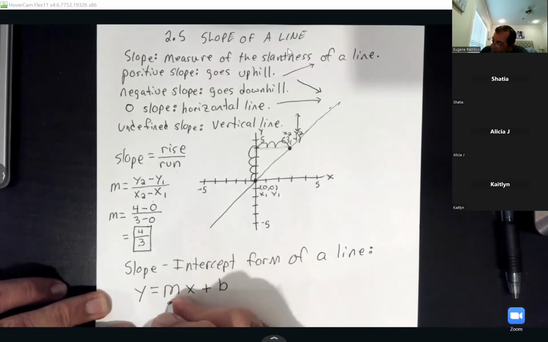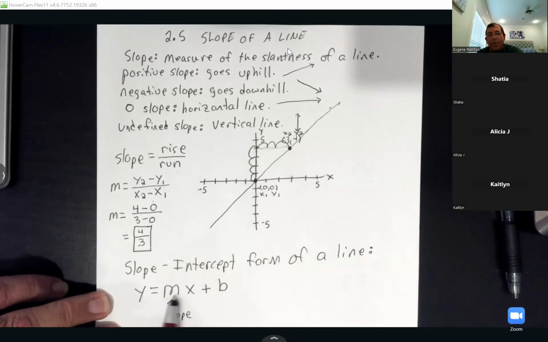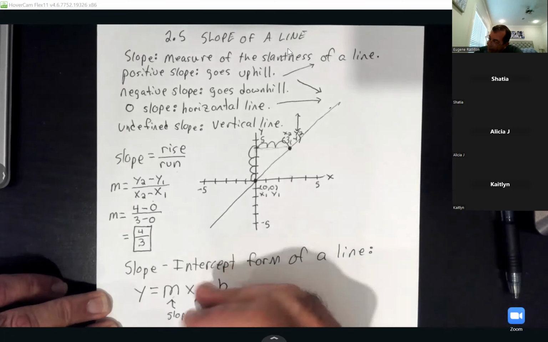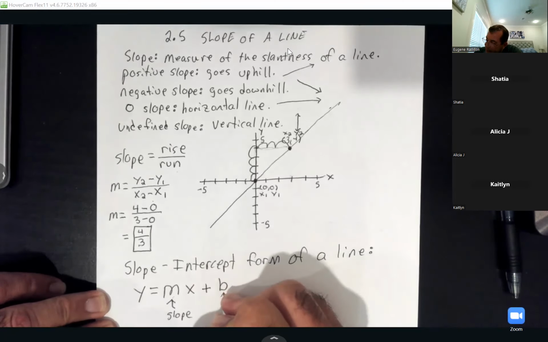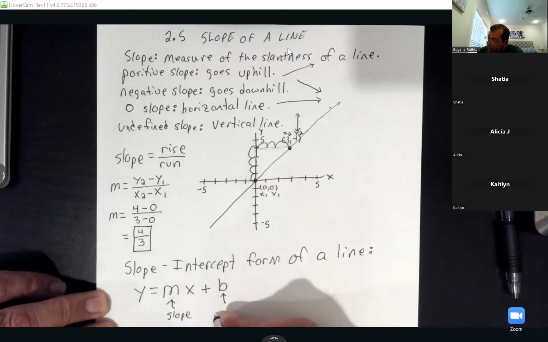The m right here, m is the slope. So if I have a line solved for y, whatever number's in front of my x is going to be the slope of my line. Now this little b at the end, the number at the end, that's what we call the y-intercept.